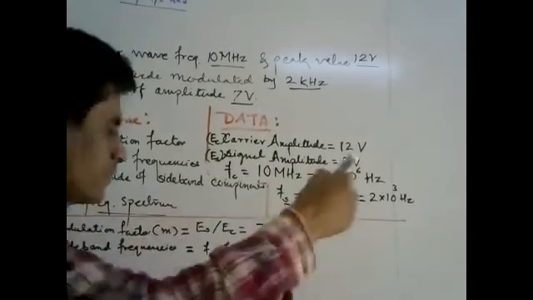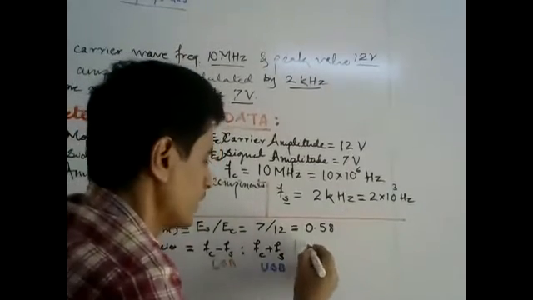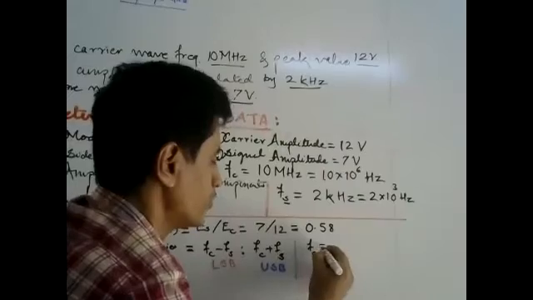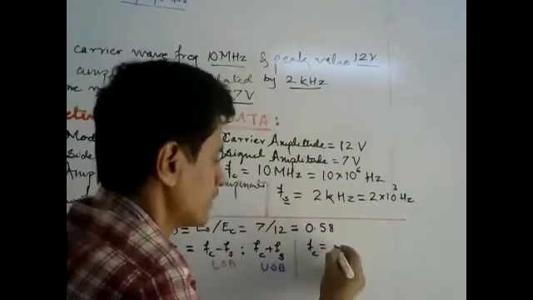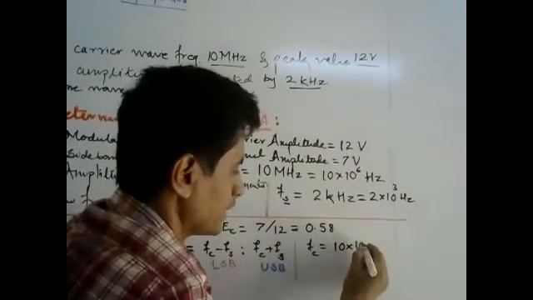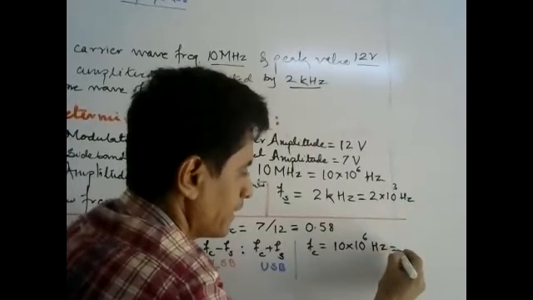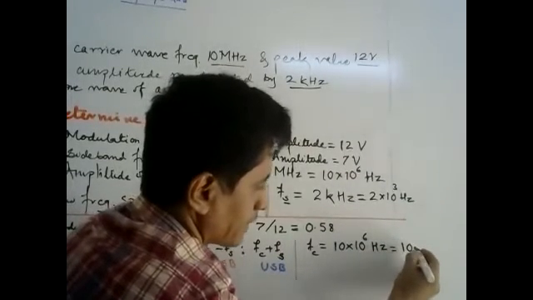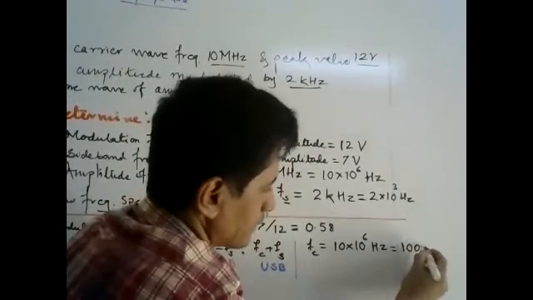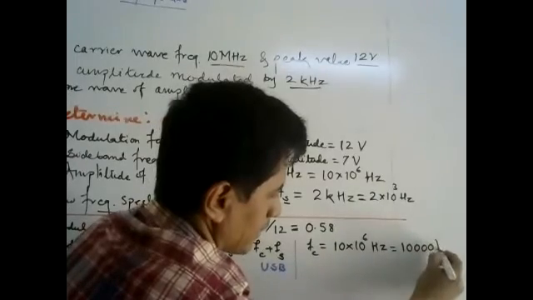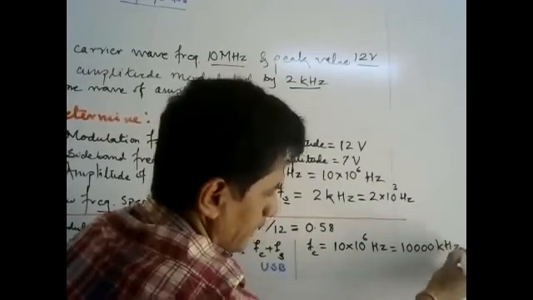See, dear student, FC is equal to 10 into 10 raised to 6 hertz. This can be written as, can I write like this, 10,000 kilohertz. Is it correct?